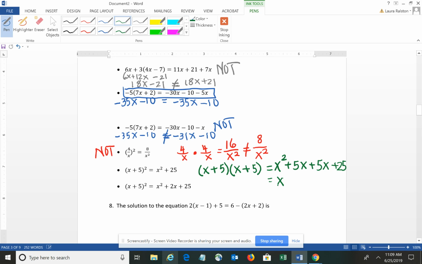That becomes x squared plus 10x plus 25. So that does not equal x squared plus 25, nor does it equal x squared plus 2x plus 25. So that's not an identity. The only one listed there that is an identity is the second one.